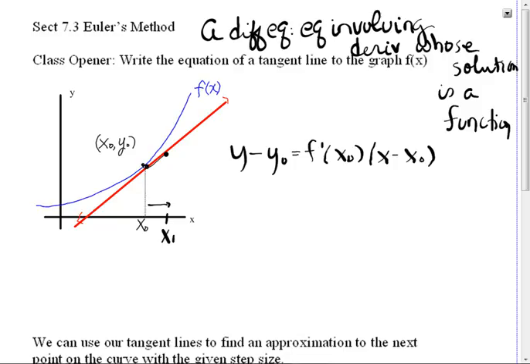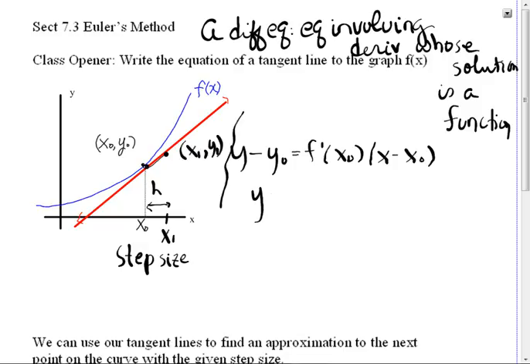This distance, let's call that h, which is a step size. Might not be very good. The smaller your step size, the better you get. So if I solve for y, and let's call that y1, I want to find this point, which is x1, y1.